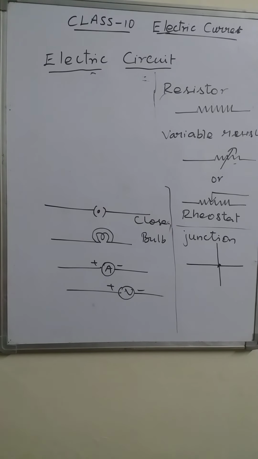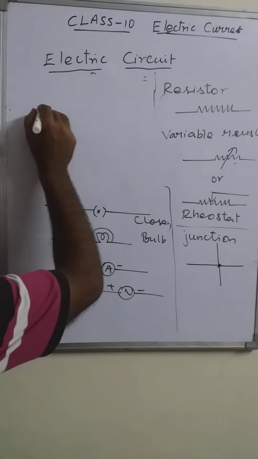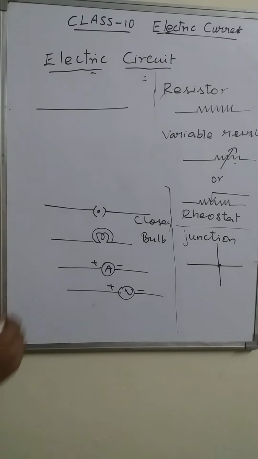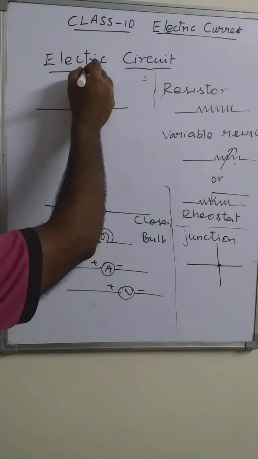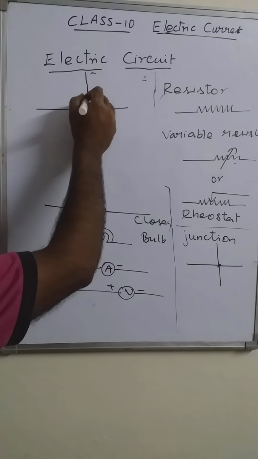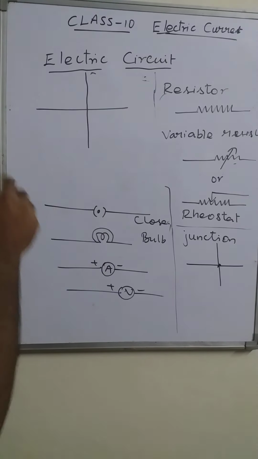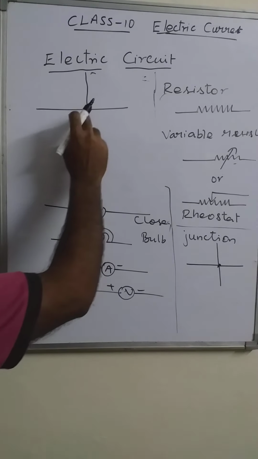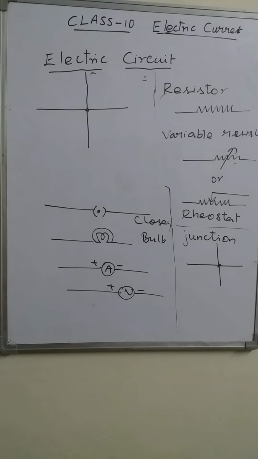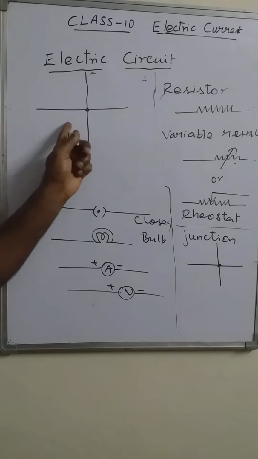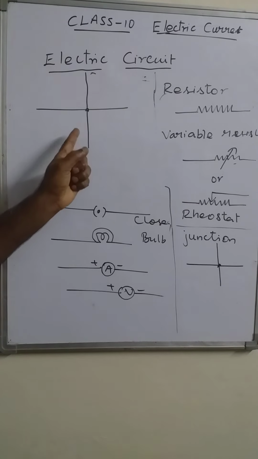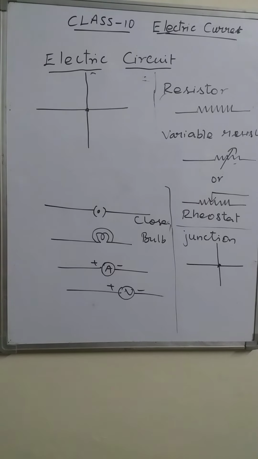If we take two wires, one wire is taken in this direction, and the second wire is taken from this direction and crosses the first wire. While crossing the first wire, it is meeting. Here we have the meeting point. They are joined. And this we call the junction with a meeting point, a joint.